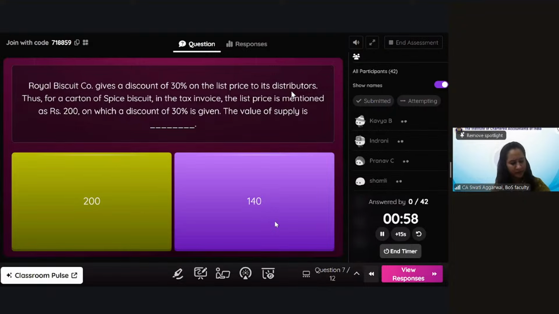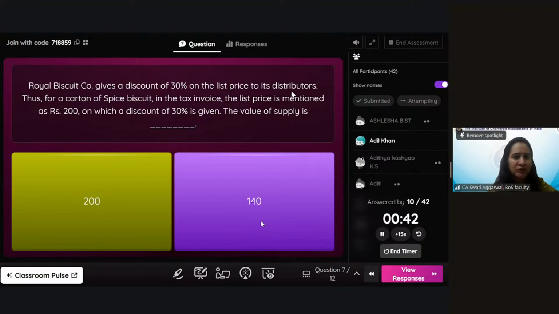Next question. Royal Biscuits Company gives a discount of 30% on the list price to its distributor. Thus, for a carton of spice biscuits in the tax invoice, list price is mentioned as rupees 200, on which discount of 30% is given. So, value of supply is option A 200, B 140.